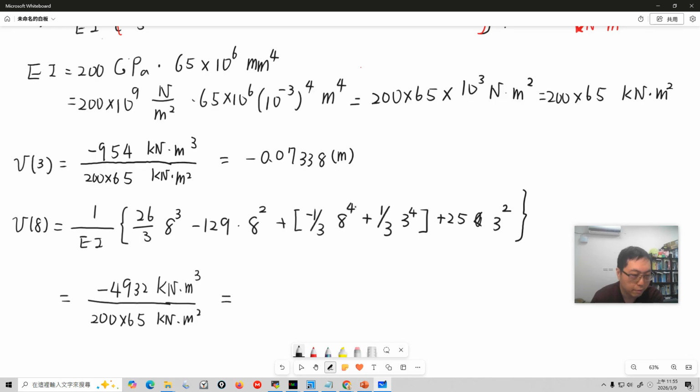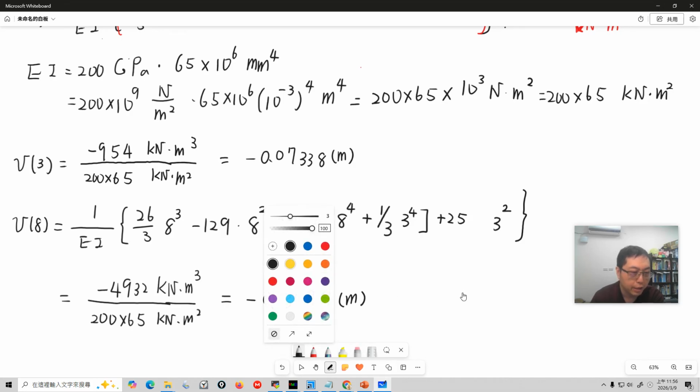So after all, you have minus 0.3794 m. Okay, you see this is more negative at x equal to 8. That's very reasonable for cantilevers. So we finished all the calculation here.